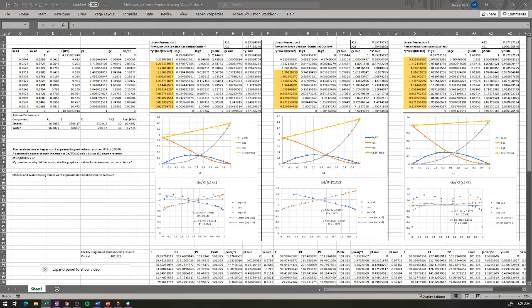We need to use the partial pressures in Antoine's equations to model that, and then find the P total calculated, which is just the total pressure. Then we can subtract the error, which is the P total minus the P calc, and then we square that just to make sure that we get an even better fit.